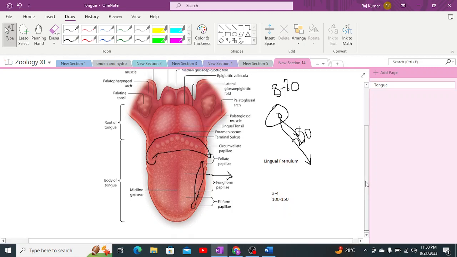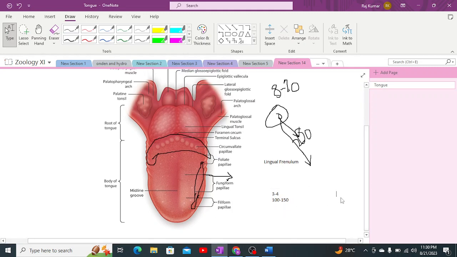After which we have the filiform papillae. Filiform papillae are present in the middle of the tongue, and they are the smallest in size among the papillae.